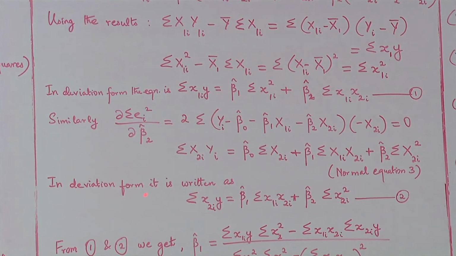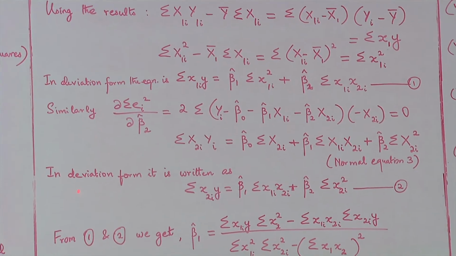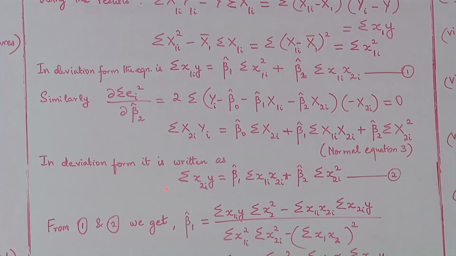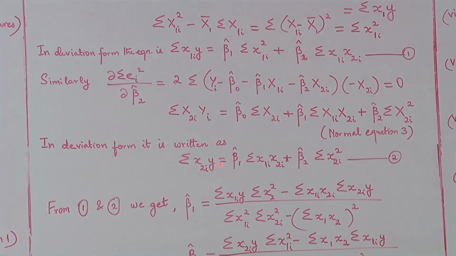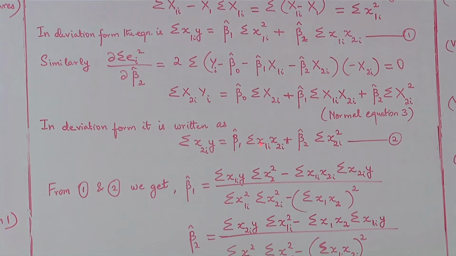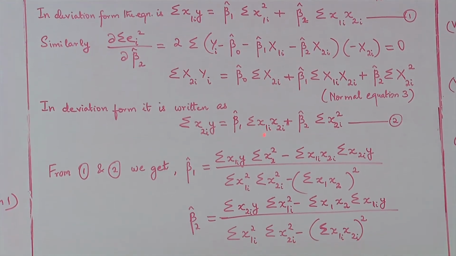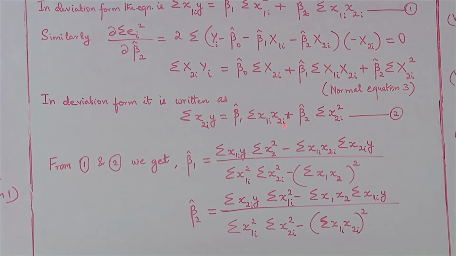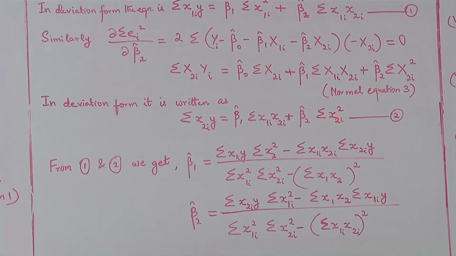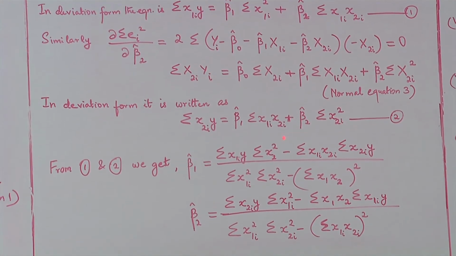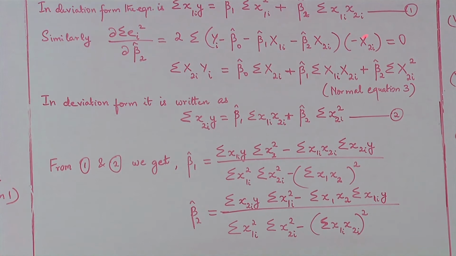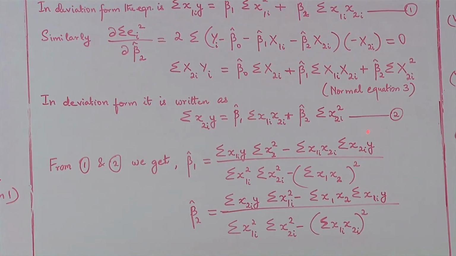Applying the same rule that we talked about previously, in deviation form it is written as sigma small x2i small y is equal to beta 1 hat sigma small x1i small x2i plus beta 2 hat sigma small x2i square. So, this is our second equation. So, this is the first and the second equation.